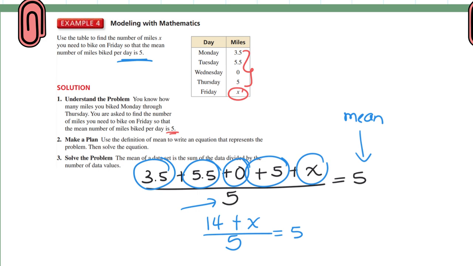Now we're going to undo this fraction by multiplying each side by 5. This cancels out and we're left with 14 plus x equals 25. We're going to undo that addition by subtraction, so we subtract 14 from both sides, and x equals 11. So we need to bike 11 miles on Friday.